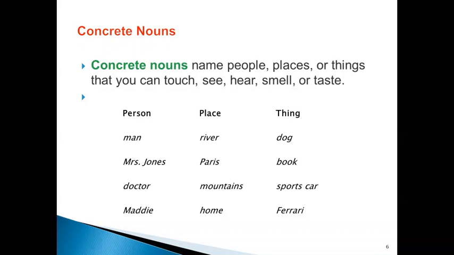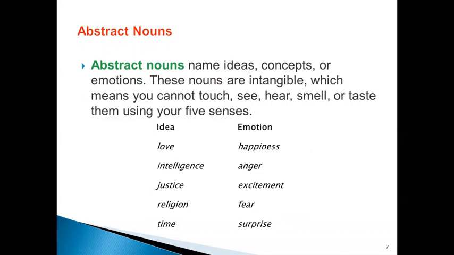What is the next type of, or the second type of nouns? Here we have the abstract nouns. When we say abstract nouns, here we are talking about what? Nouns that name ideas, concepts, or emotions.